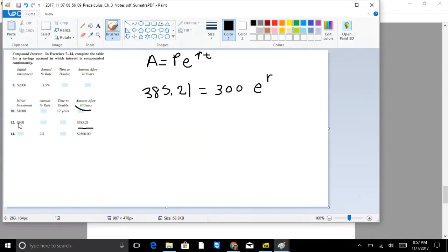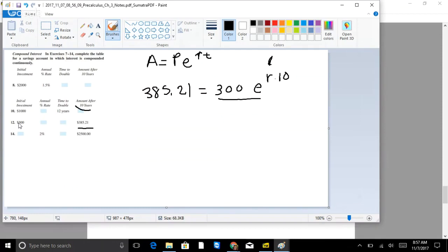So rate times 10. Okay, so now we can, again, use the same process. We have our rate up here in our exponent.